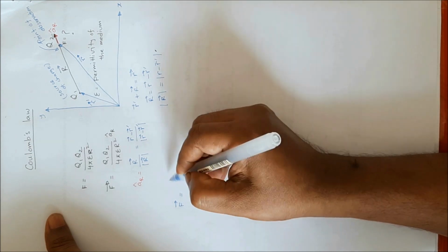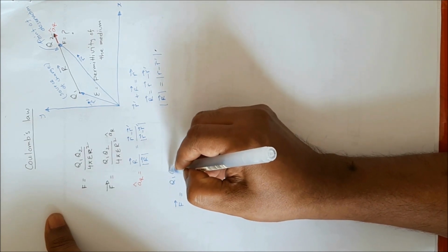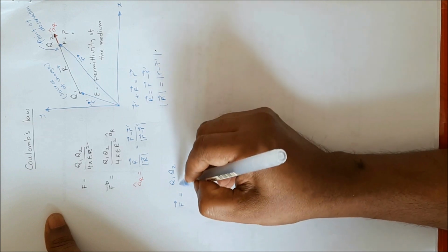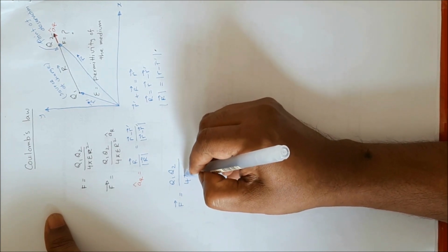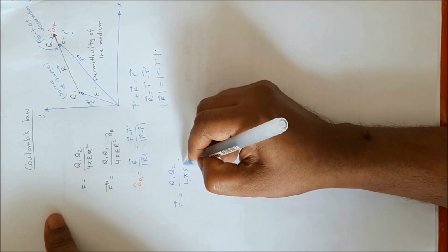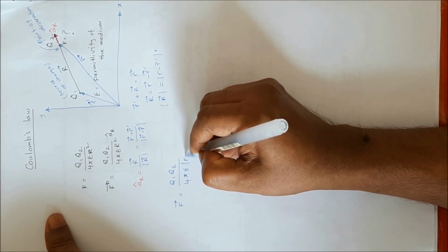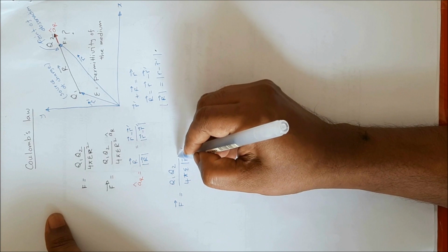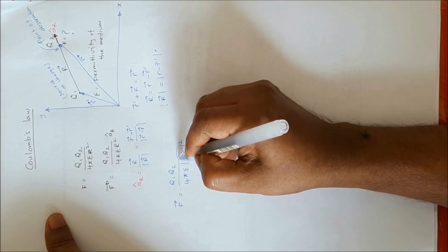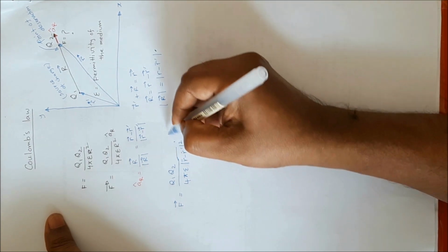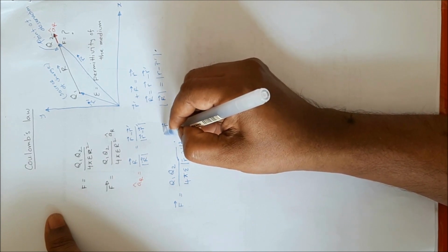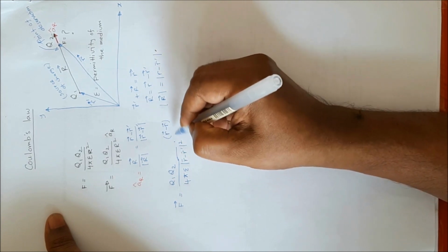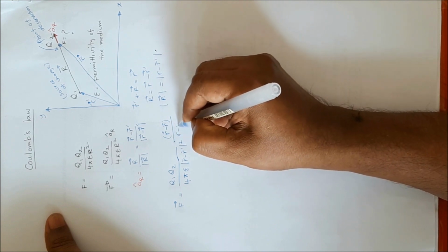Finally we substitute these values in the expression, and we find the force equals Q1 times Q2 over 4 pi epsilon times the magnitude of r minus r prime cubed, times the vector r minus r prime. So you can see this is the generalized expression for Coulomb's law.